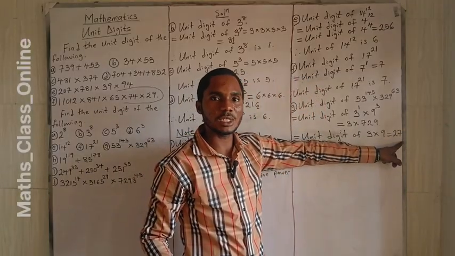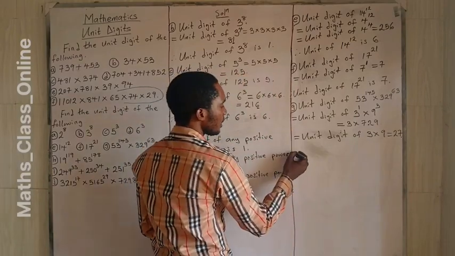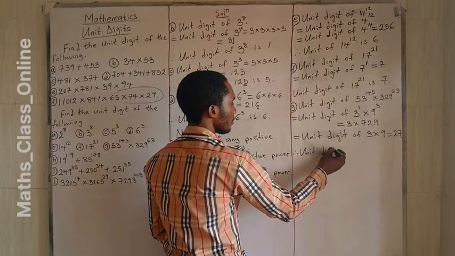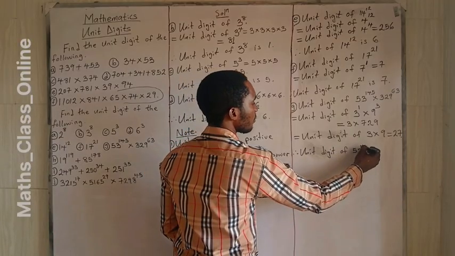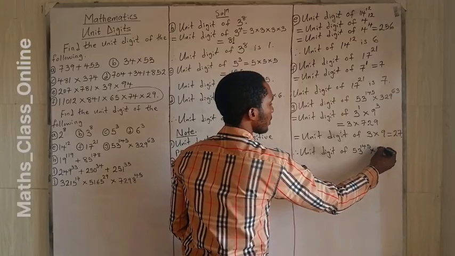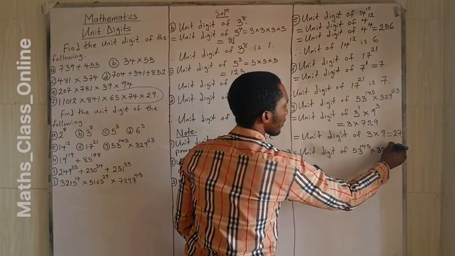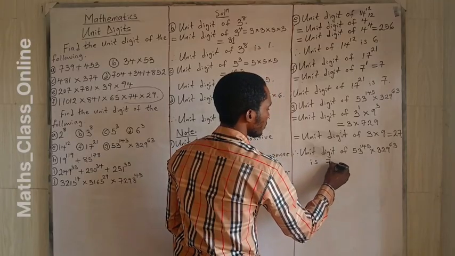The unit digit of 27 is 7. That means that the unit digit of 53 raised to the power of 145 times 329 raised to the power of 63 is 7.